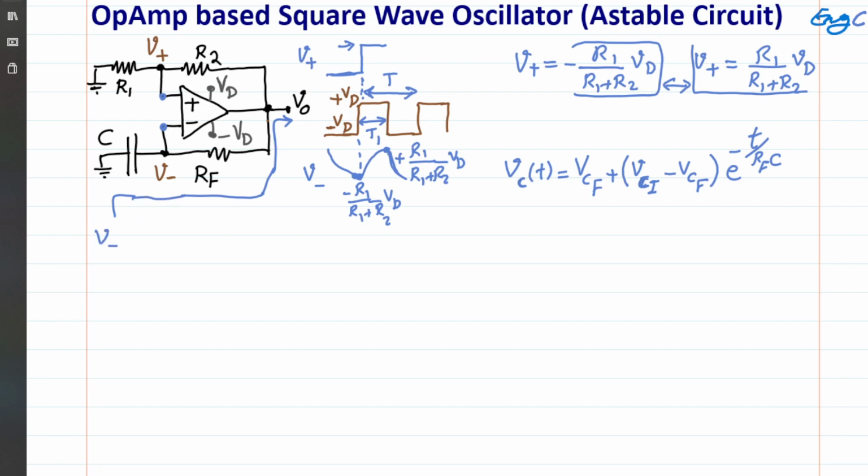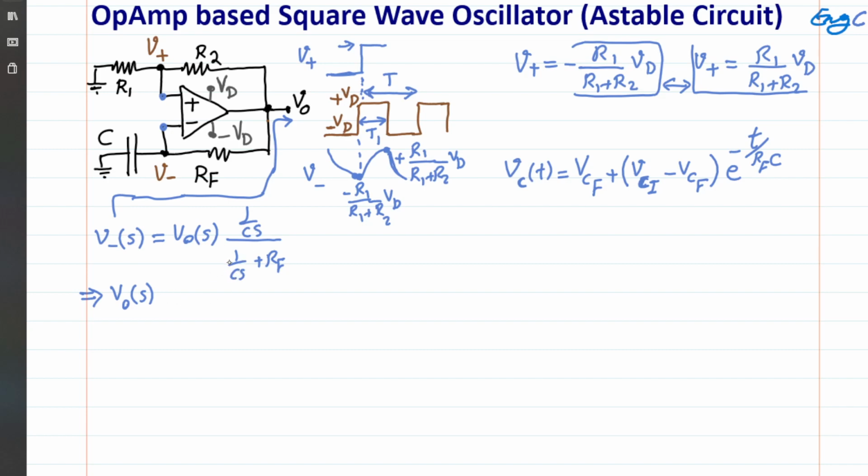V negative in the Laplace domain is just a voltage division between this cap and the series of RF and this cap. So it would be V out times the impedance of the cap, which is 1 over CS, over 1 over CS plus RF. Then you can say V out as a function of the negative terminal, and you can play with this and simplify it.